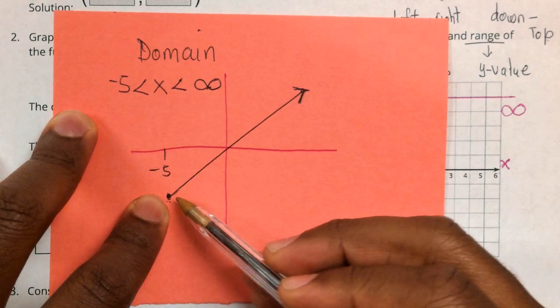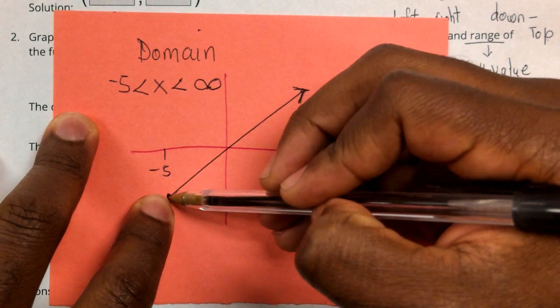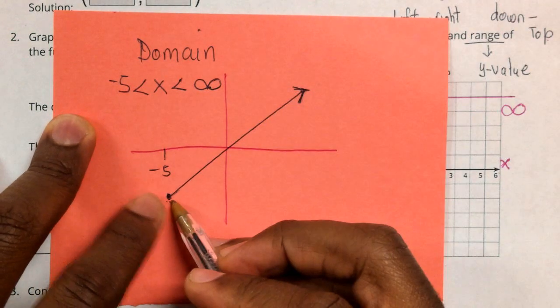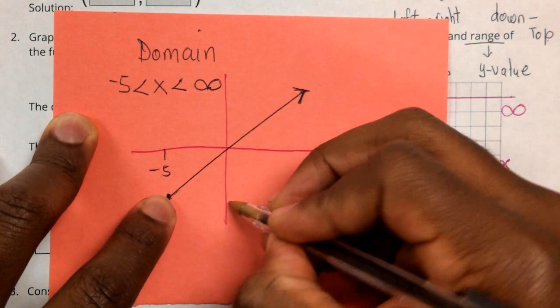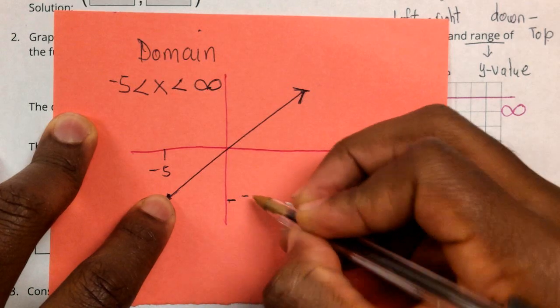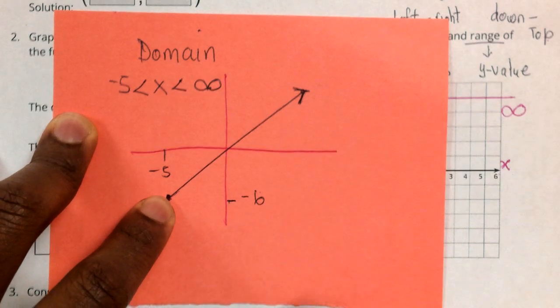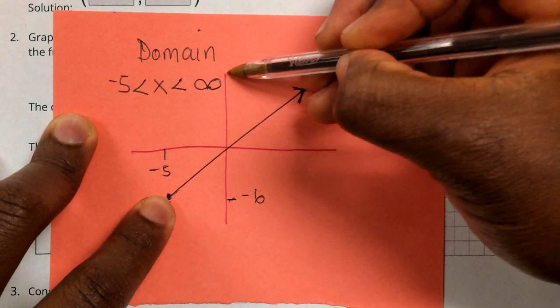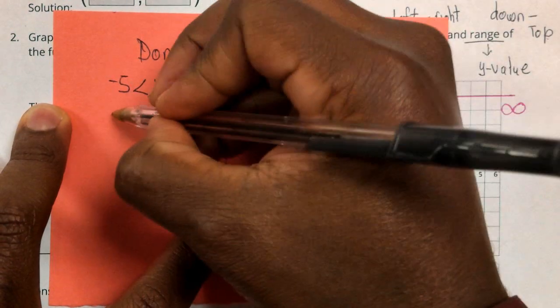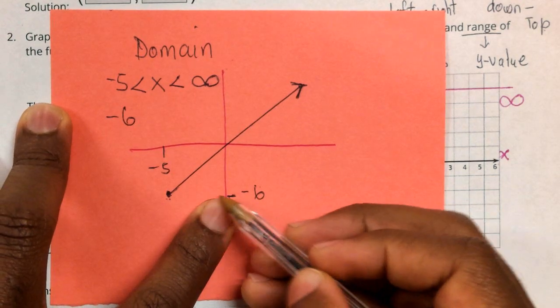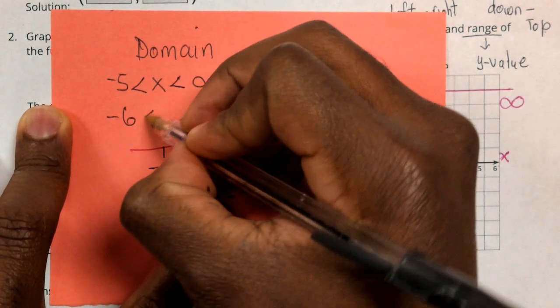Okay? And if I wanted to identify the range, I look from down to up. So the area that will be starting downwards would be right here. Say that this is like negative 6. I'm looking from down to up. So I'm looking from here to up here. So I will be looking from negative 6, because that's where it would start, because it's like a starting point.